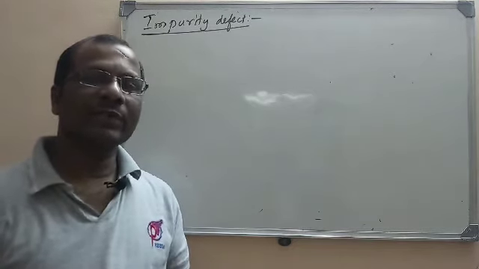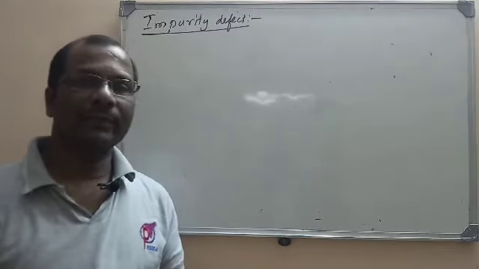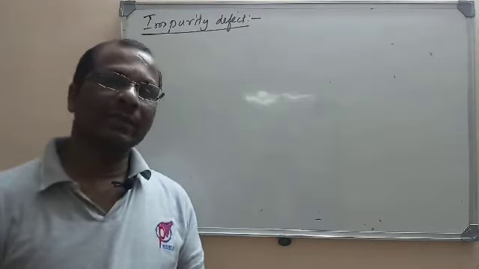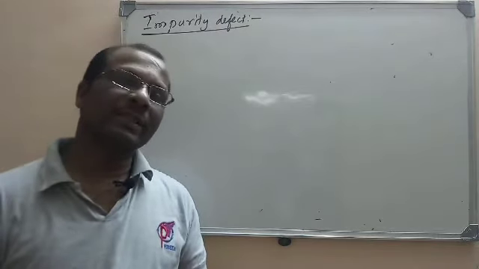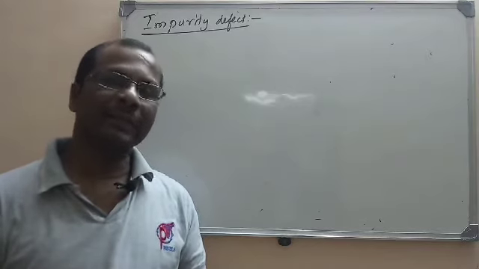In this class, we are going to discuss the remaining crystal defects. In the last class, I had told you that the defects in crystals have been broadly divided into point defects and line defects.